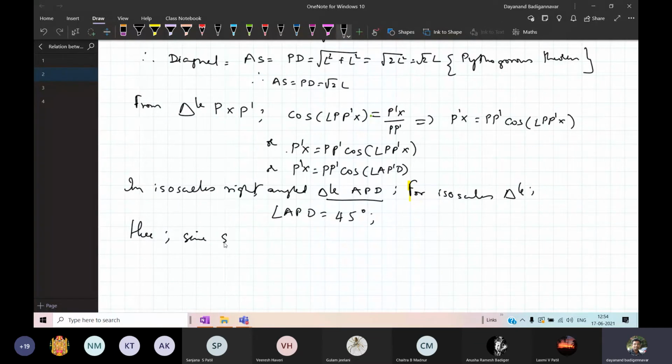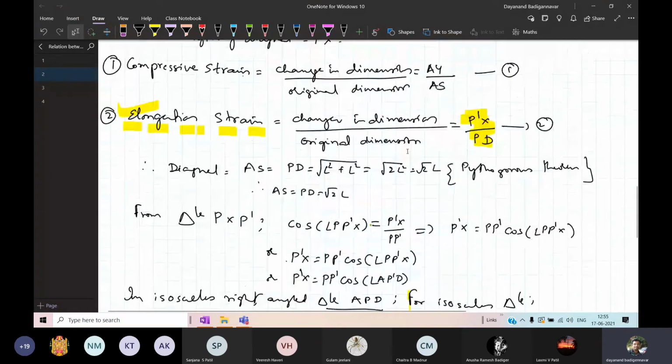Since the shearing angle theta is very small, I can write angle AP'D is equal to angle APD.